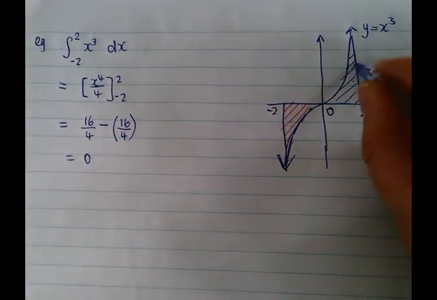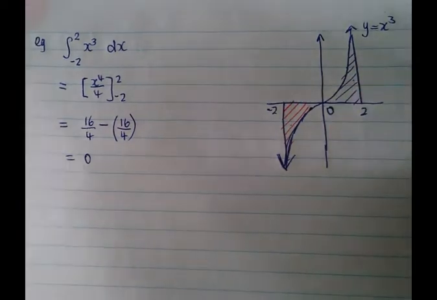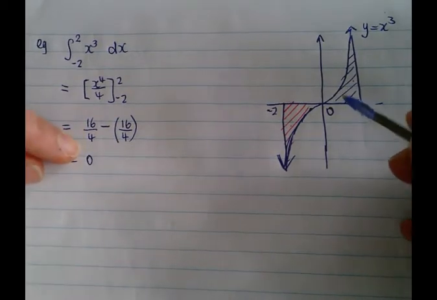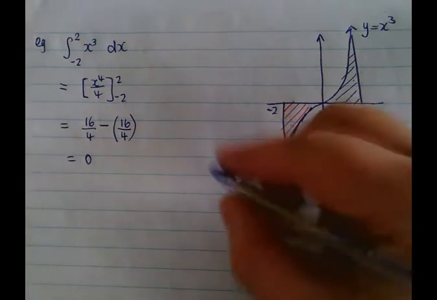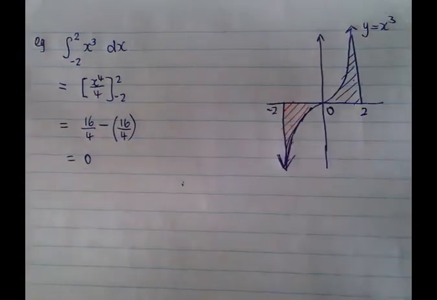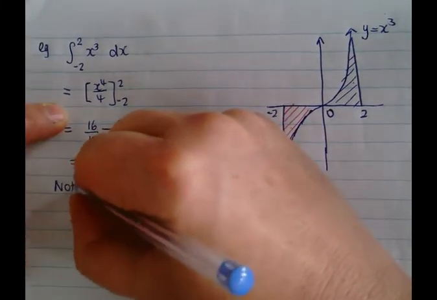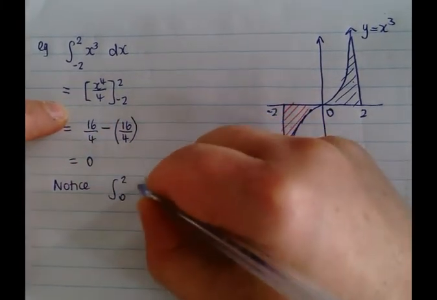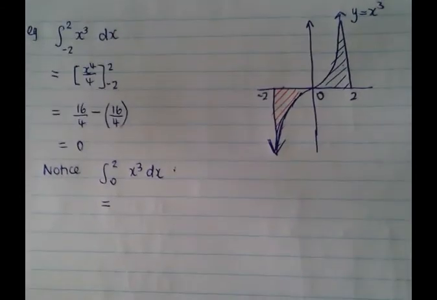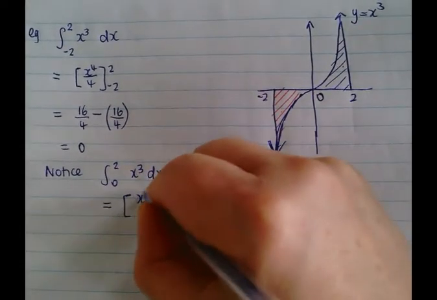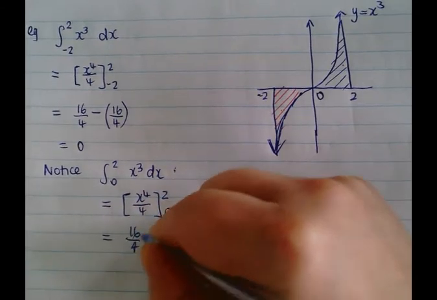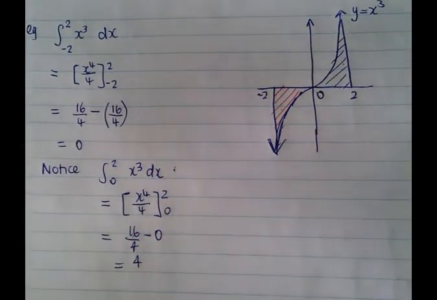So, do you know what this area here would be between 2 and 0? You can see it here. It's more than likely going to be 4. Okay, so let's just look from 2 to 0. The integral between 2 and 0 of x cubed dx gives x to the power of 4 on 4 between 2 and 0, which is 16 on 4 minus 0, which is 4.